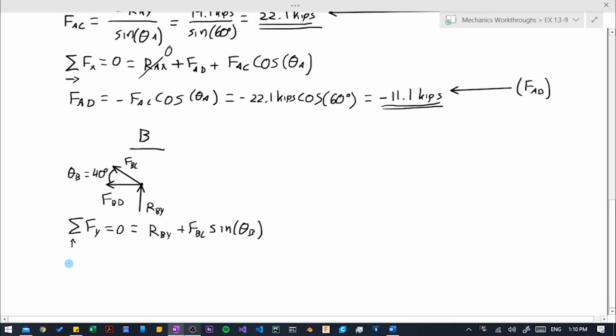And then we rearrange to get our force. And this is equal to negative 29.7 kips.